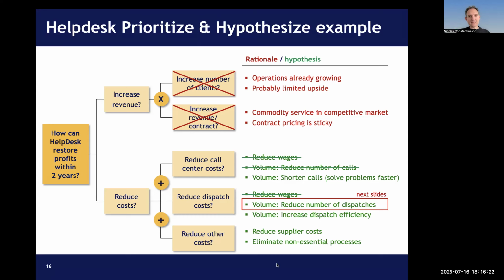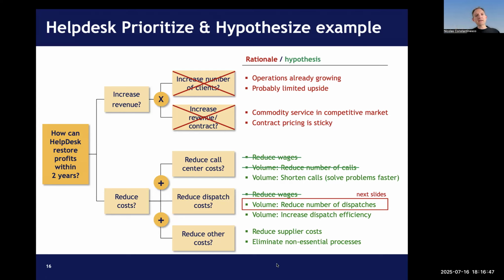That obviously makes sense. But the question is, how do we test that? How do we test whether reducing the number of dispatches is feasible in a meaningful enough amount such that it actually reduces costs in a meaningful way?